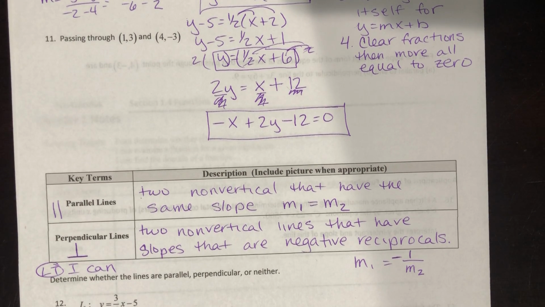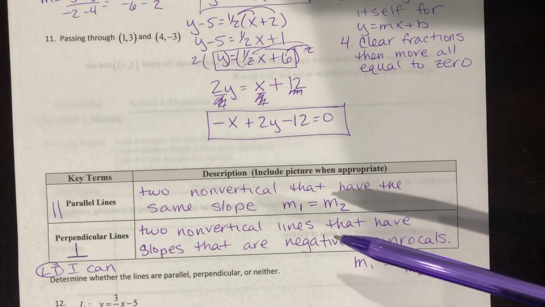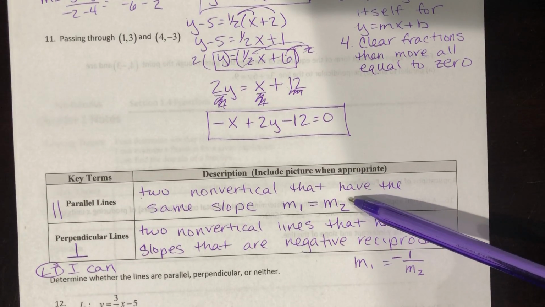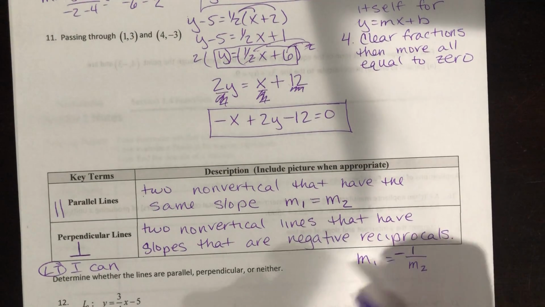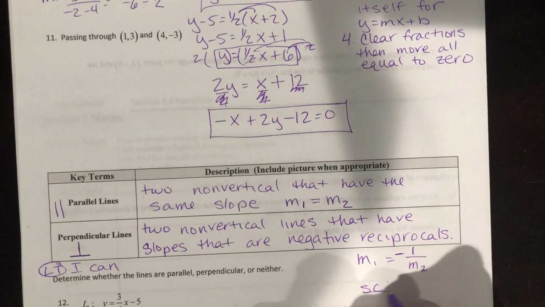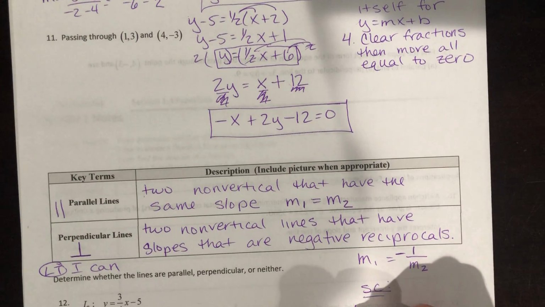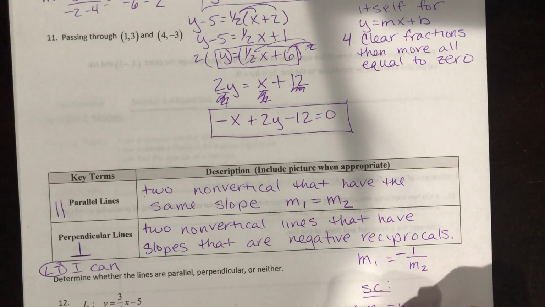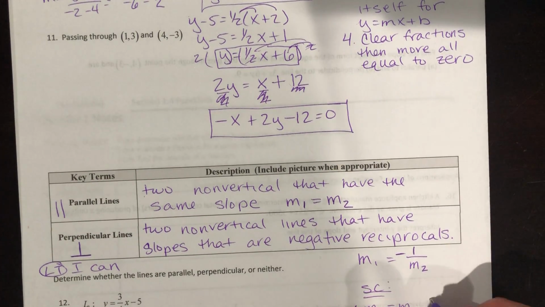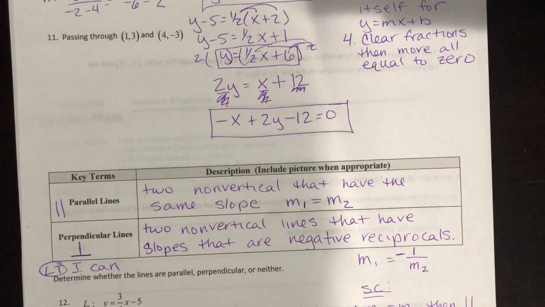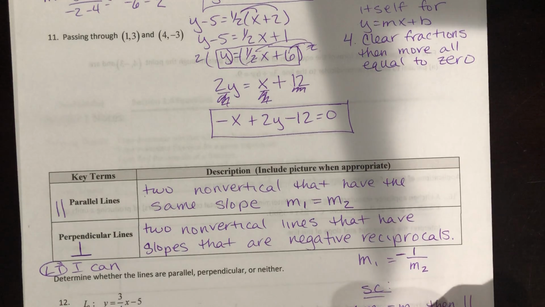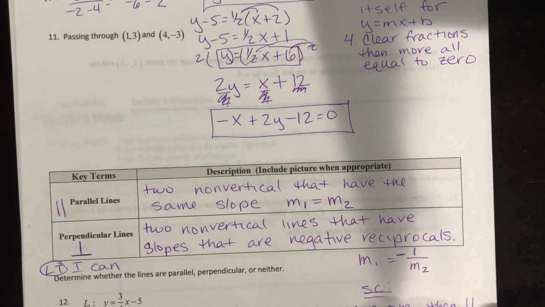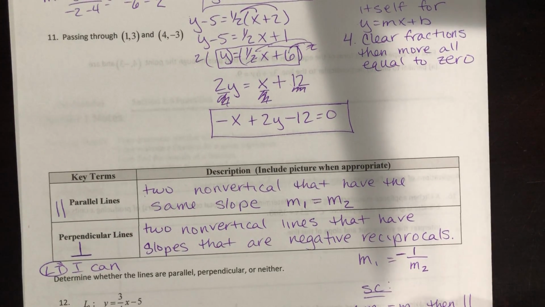The way to do this is to look at the slope and see which case it falls under. So there's your success criteria. If m equals m, then the lines are parallel. If the first m equals the negative reciprocal, then perpendicular.